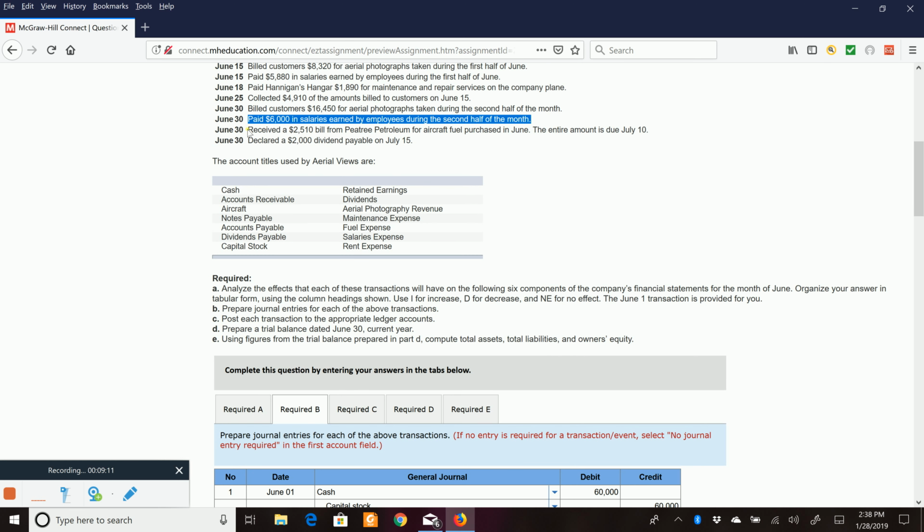June the 30th, we received a $2,510 bill from Petree Petroleum for aircraft fuel purchased in June. All right, so this is fuel that we purchased. We received a bill from our vendor, and we didn't pay it yet. It says the entire amount is due to be paid July 10th.